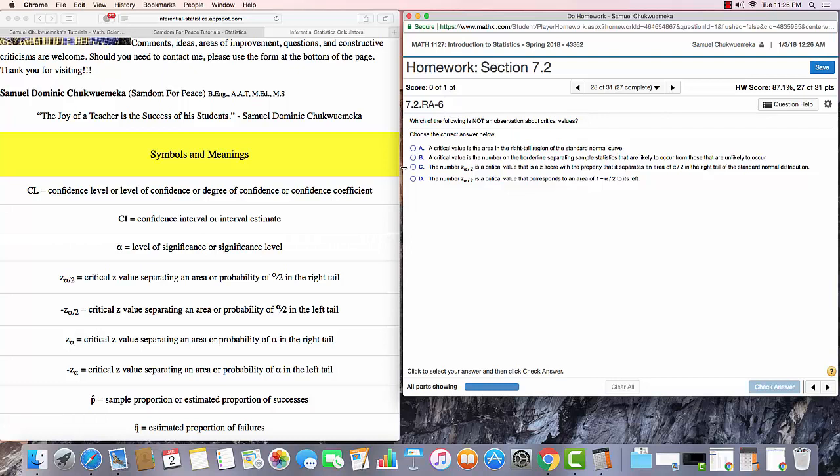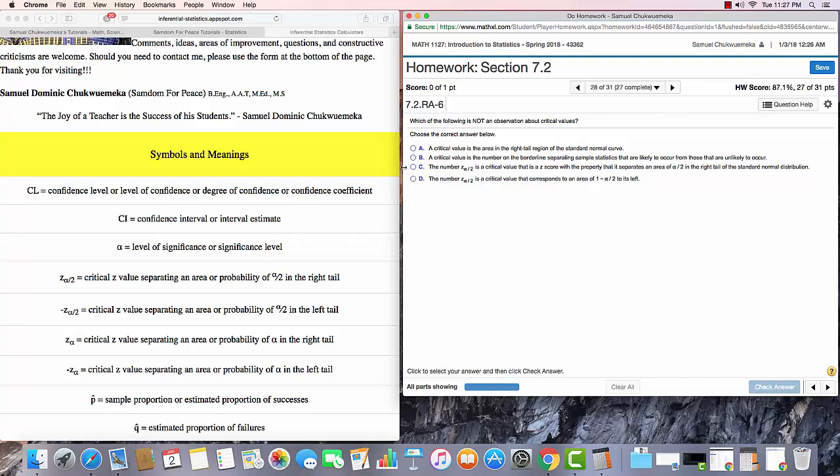No. Critical value is the z-score corresponding to the area in the right tail region. So it's not an area. It's the score corresponding to the area in the right tail. So A is not an observation about critical values.